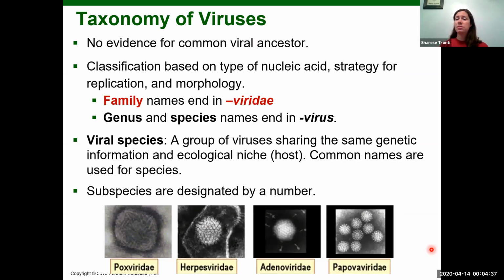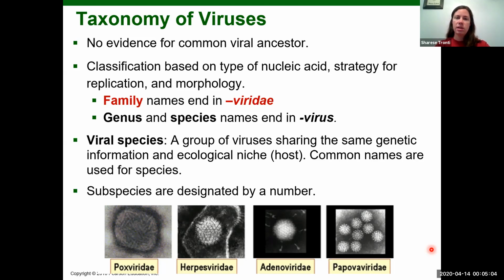So taxonomy of viruses. There's no evidence for a common viral ancestor. So we can't put them in a very easy, simple cladogram showing all the way down to their most common ancestor because there's no evidence for that. So instead of mapping them evolutionarily, we're just going to classify viruses based on their characteristics.